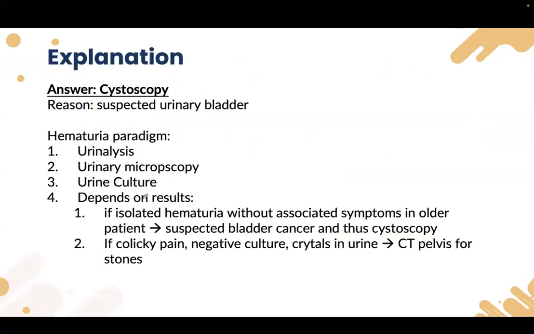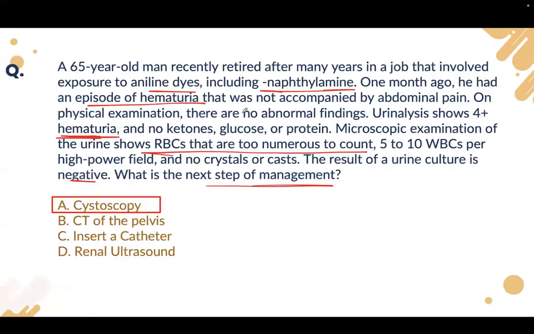Is that because here we're suspecting a case of a urinary bladder etiology, which in this case might be a tumor? Why would it be a tumor? Because let's see the clues in this question. We have a 65-year-old male, this is one risk factor. And this guy has been having exposure to a dye called naphthylamine.